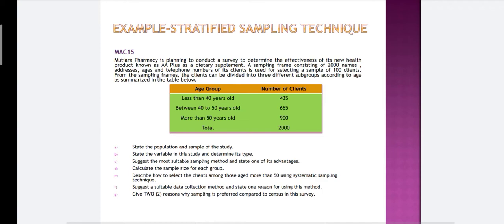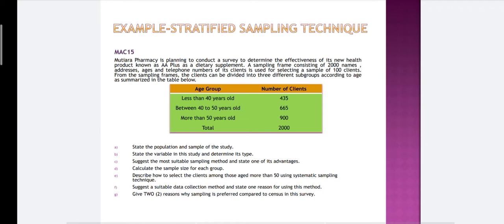And then last, describe how to select the client among those age more than 50 using systematic sampling technique. So macam mana you nak select sample daripada setiap subgroup tadi, kita boleh gunakan SRS ataupun systematic. Dalam soalan ni dia nak you explain satu group sahaja, group yang more than 50, group yang ketiga tadi.